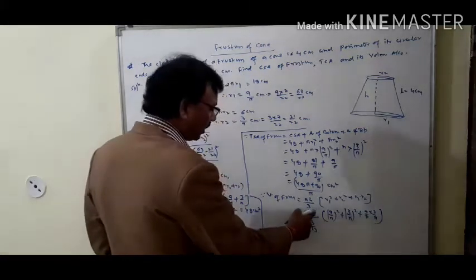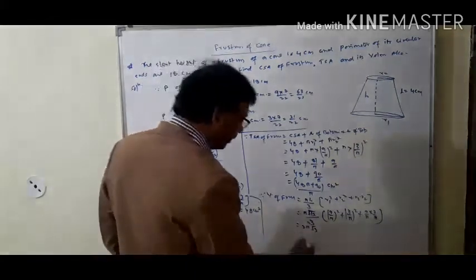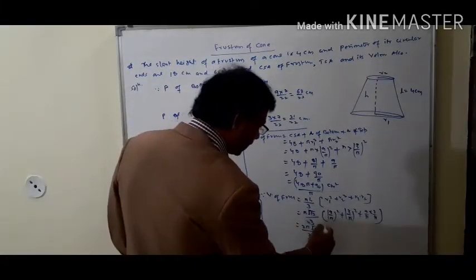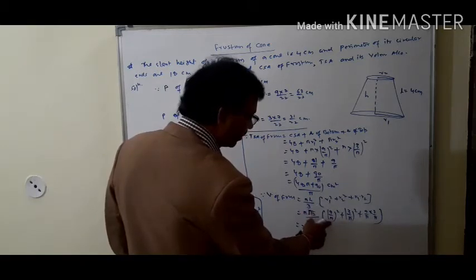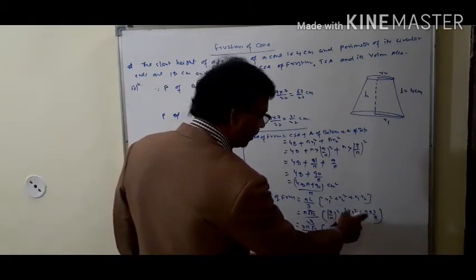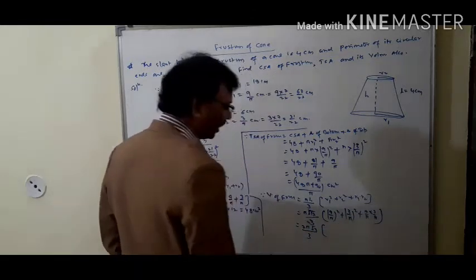We can write root under 12 equal to 2 root under 3. So this will be 2 pi root under 3 upon 3 into (81 upon pi square plus 9 upon pi square plus 27 upon pi square).